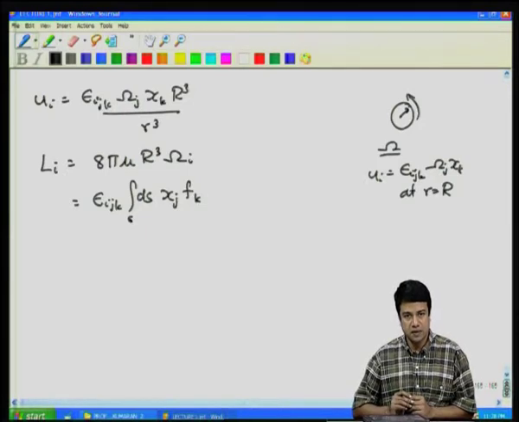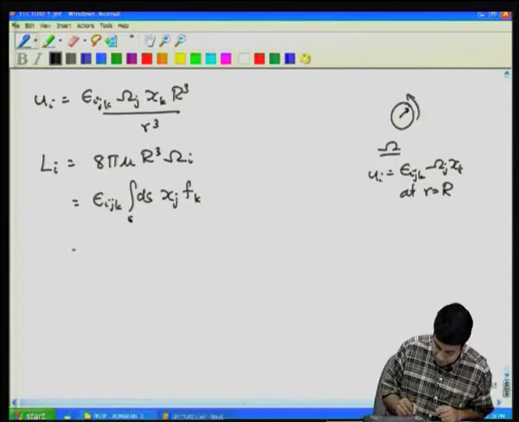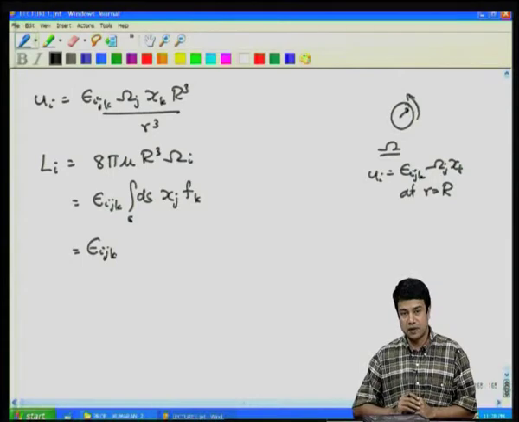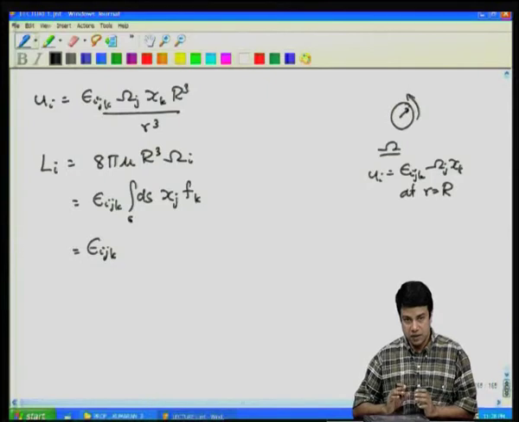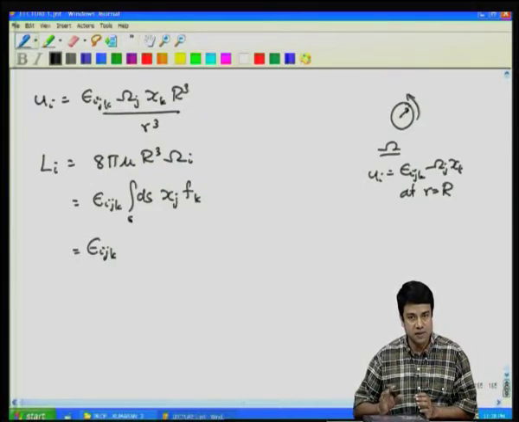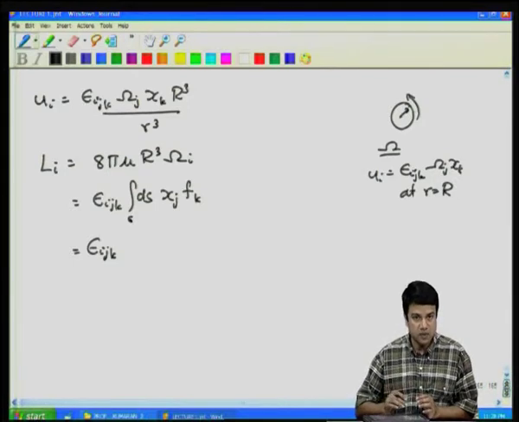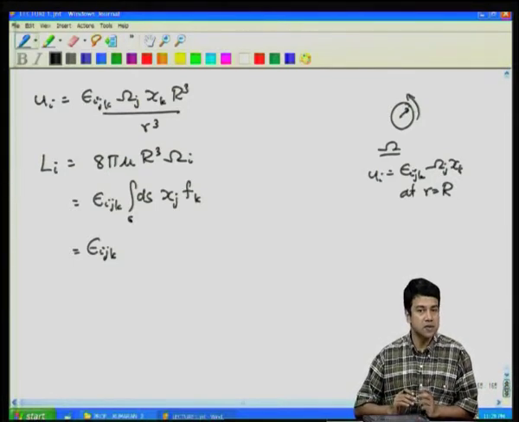Since this epsilon_ijk is an antisymmetric tensor, antisymmetric in the indices j and k, this antisymmetric tensor multiplied by the second order tensor x_j times f_k, which has a symmetric and an antisymmetric part. The symmetric part multiplied by epsilon_ijk is identically equal to 0, because a symmetric times an antisymmetric tensor is equal to 0.